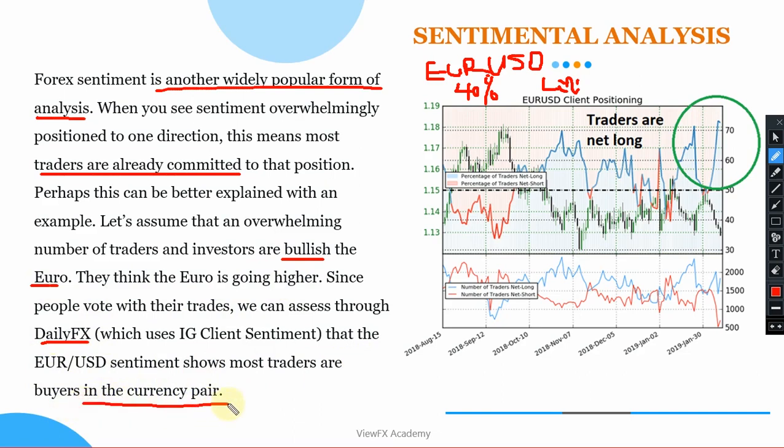So this is using what people are doing to be the basis of your own analysis. Let's say a trade is going 70% are buying, 30% are selling. You can decide to go with 70%, thereby buying that market. When you do that, you are using sentimental analysis.